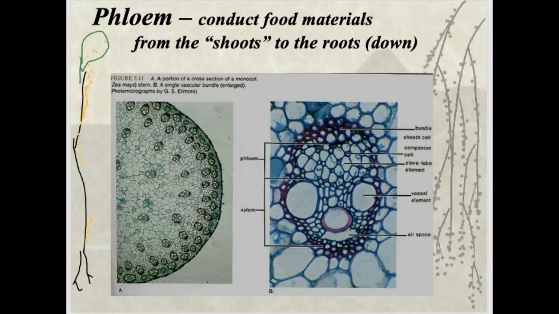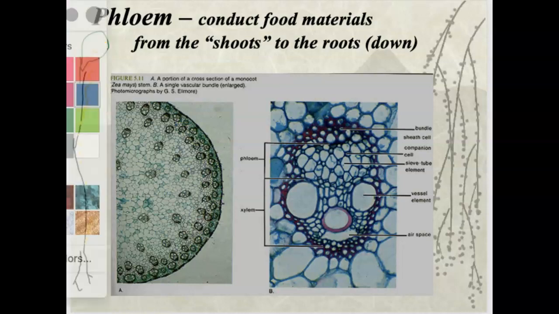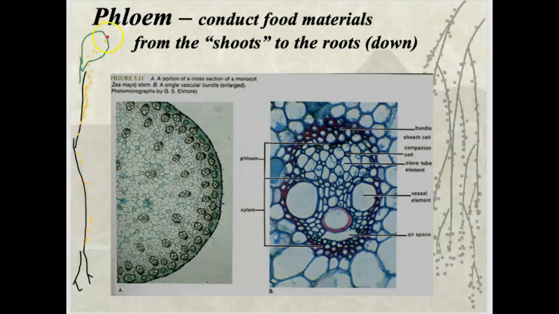Now, in the case of something like a potato, the sugars drain down into the root and the potato stores the sugar in the form of starch. In the case of an apple tree, a lot of those stored sugars get put into the apple, or the peach, or the pear, etc. But phloem tends to move downward.